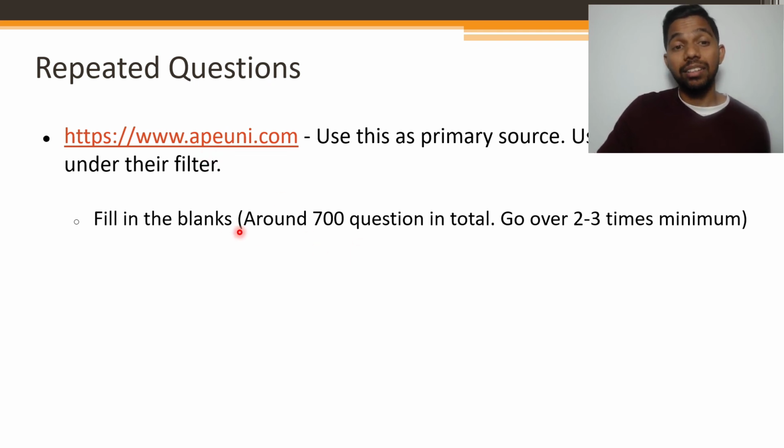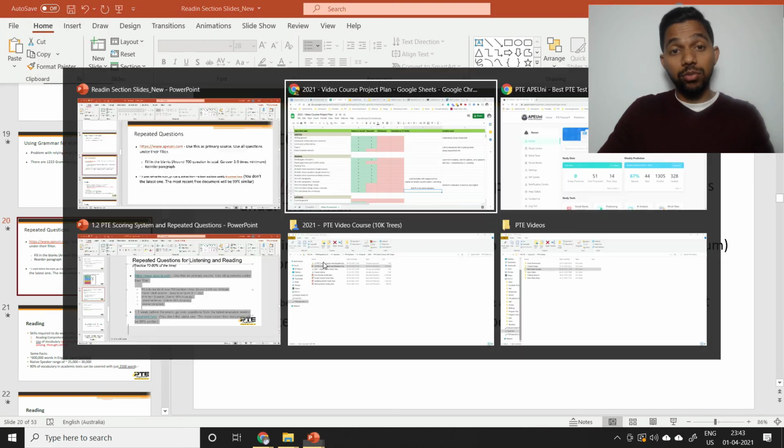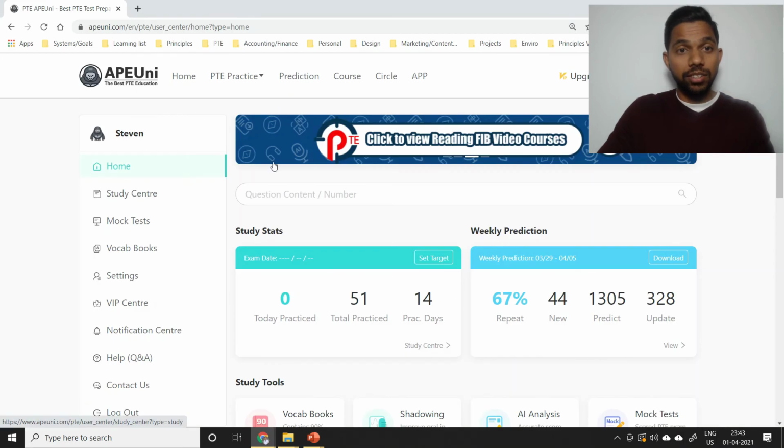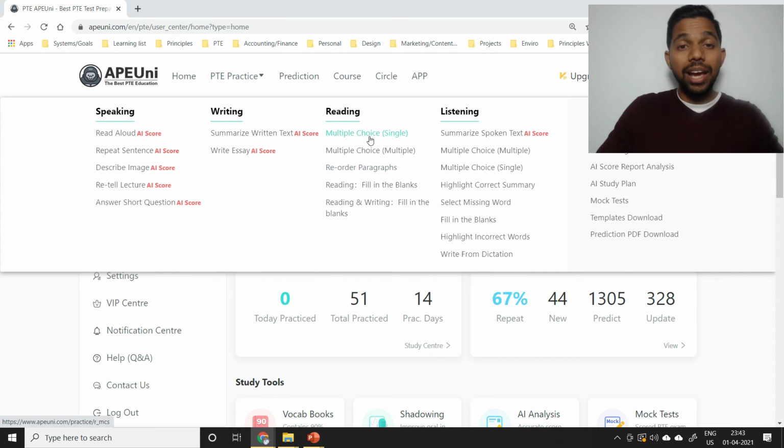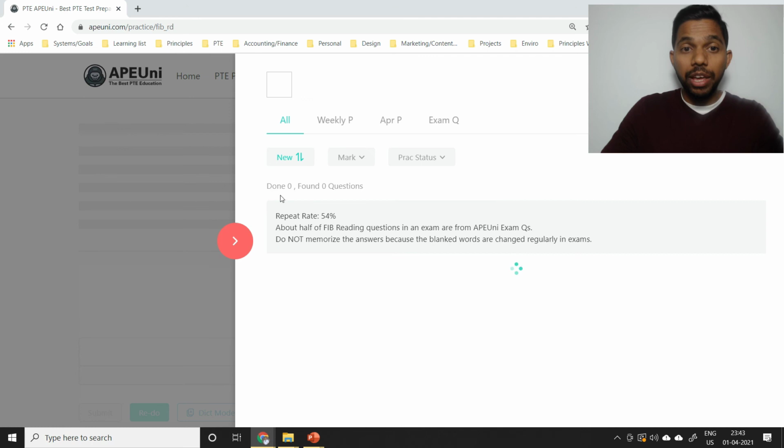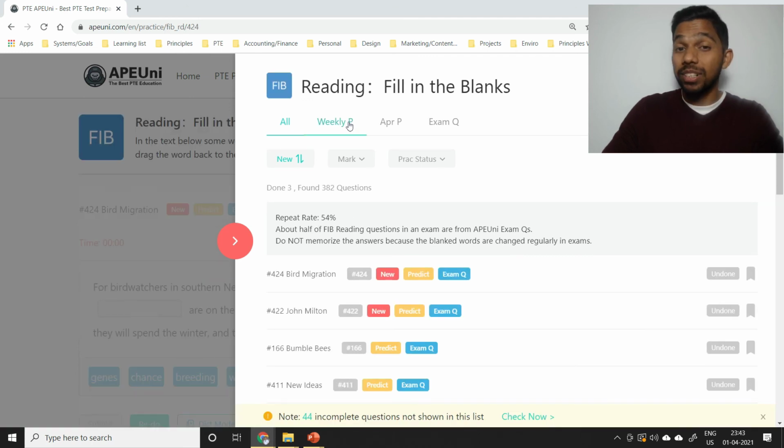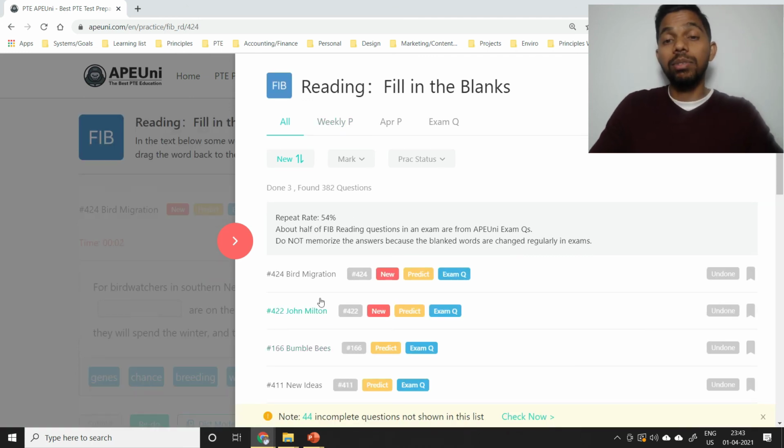And when you're practicing, you're also improving your English because you're reading academic text. So what you want to do is around 700 questions in total as of today. There are 700 questions in both of the fill in the blanks. So you want to literally go over all of them at least 2 times, depending on how much time you have, as quickly as you can.